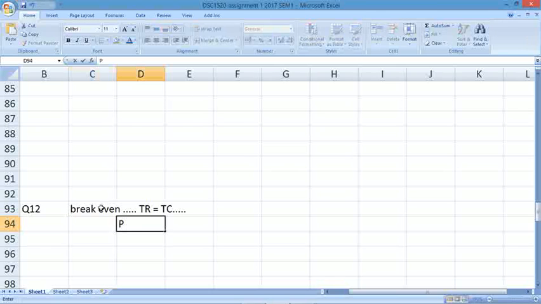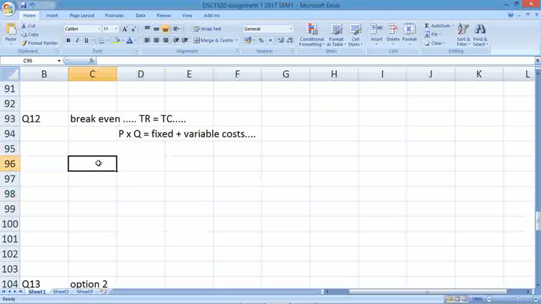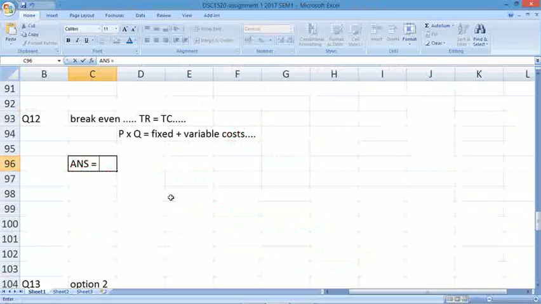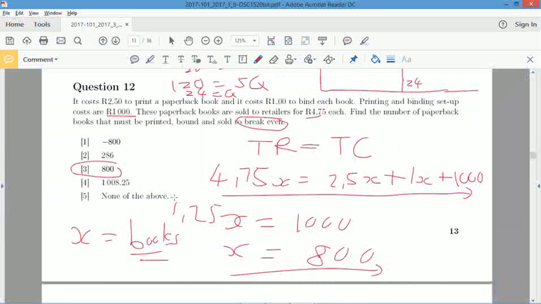Price times quantity equals fixed plus variable costs. And then you're literally substituting and solving. The answer that we get here is 800.